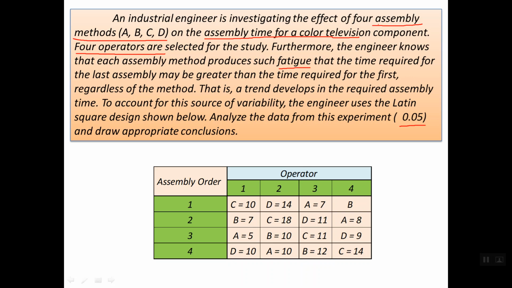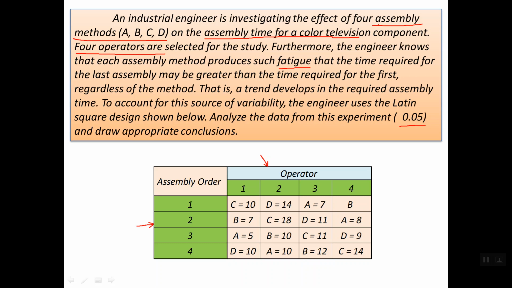So here we have the Latin square table. As you see here, we have 4 assembly orders, and we have 4 operators, and inside this table we have 4 treatments A, B, C, and D, and the number along with the letter represents the time for the assembly.